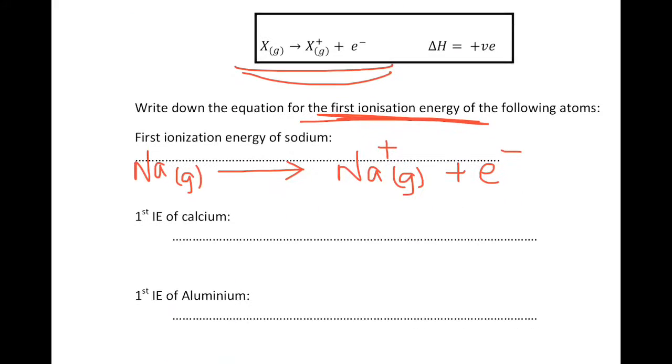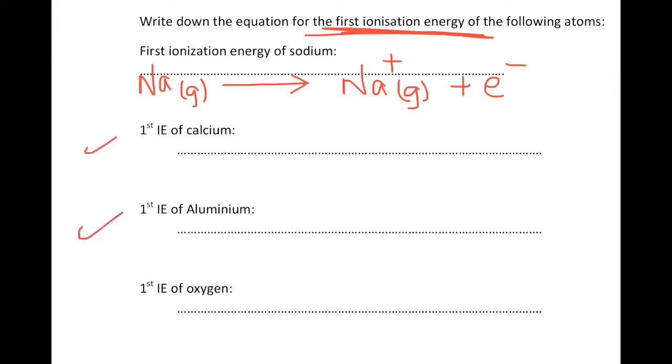The charge is just going to be plus. So try to do it for calcium, aluminium and oxygen. Pause the video, write them down, and then you can check your answer.